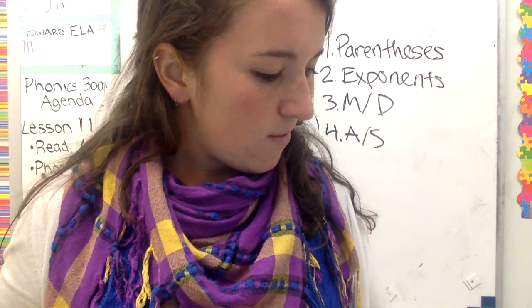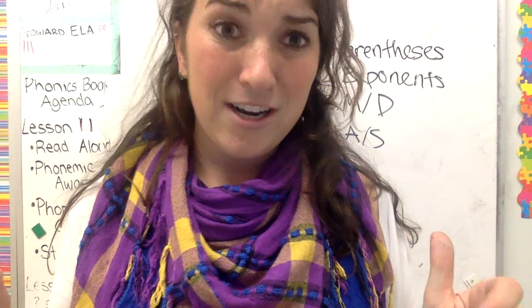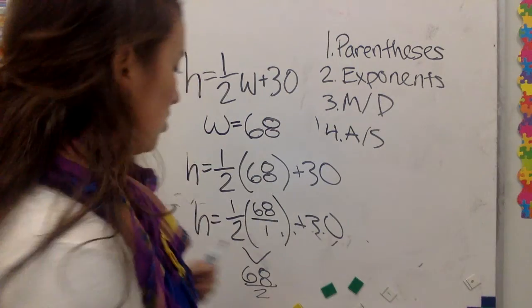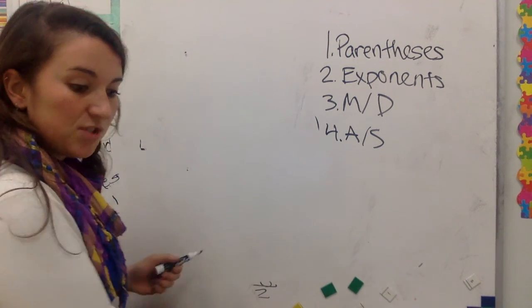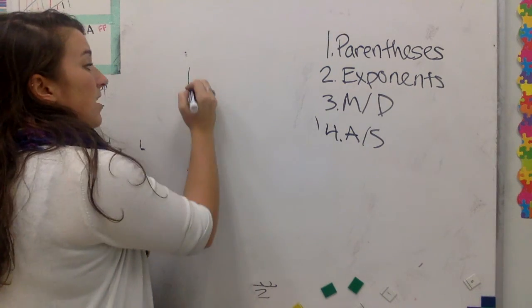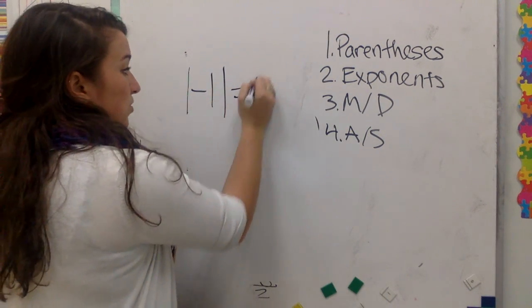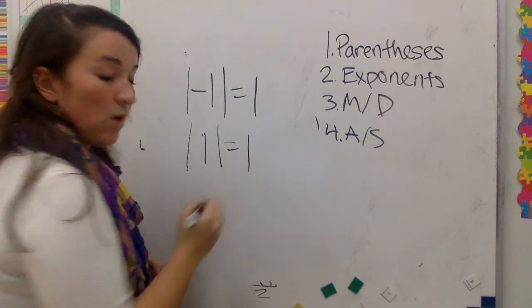You guys have 5 more problems to do independently as well, and then there's a quick review of integers. Just looking at that last page, I think most of you guys will remember this, but just remember, absolute value is always positive. So the absolute value of -1 equals 1. The absolute value of 1 also equals 1.